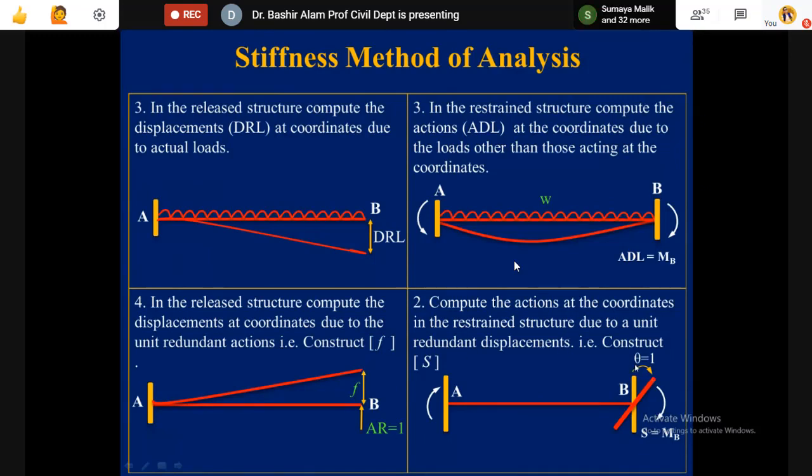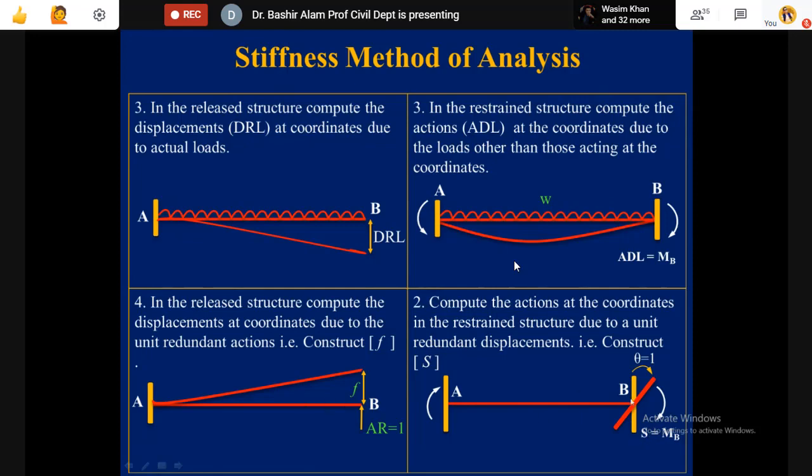Corresponding to the unknown joint displacement, now we give a unit rotation and we calculate the action produced corresponding to the unknown joint displacement, and that is giving us the stiffness coefficient value. So this S will be calculated.